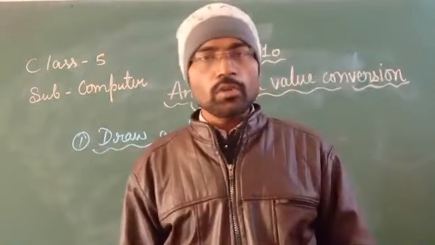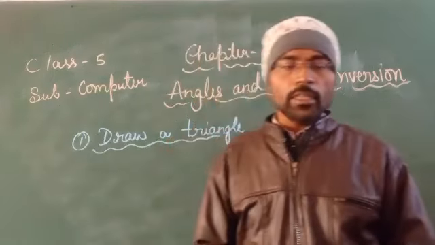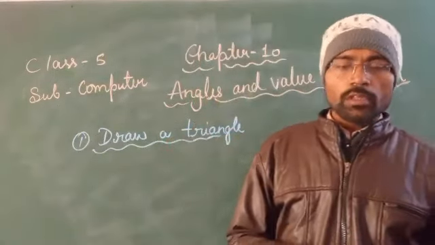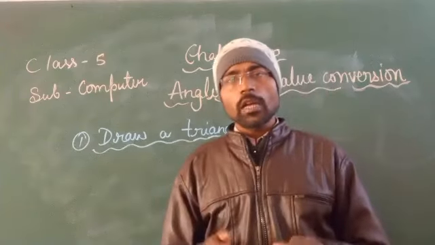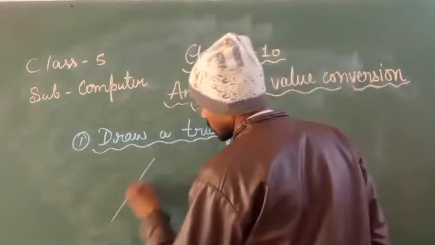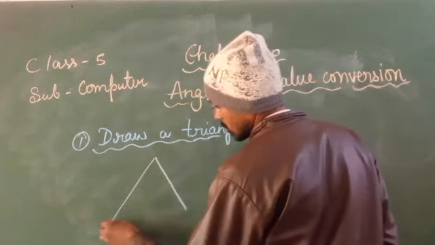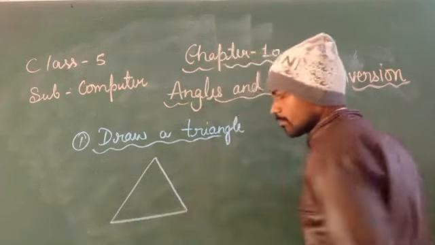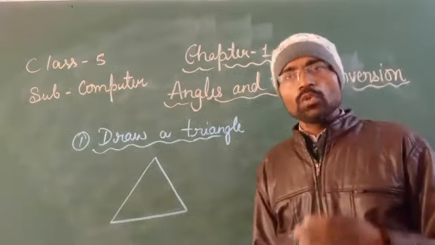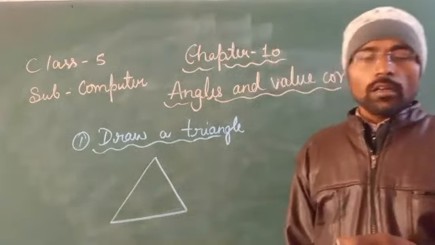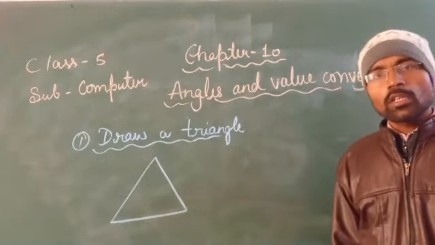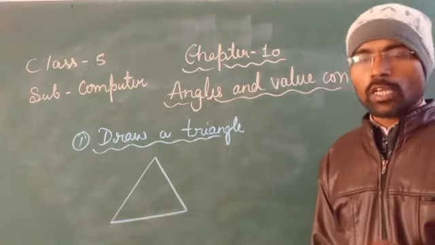Okay, students, a triangle is a three-sided closed shape with three lines and three angles, just like this. To draw a triangle in AI Connect, students, you have to follow some steps.